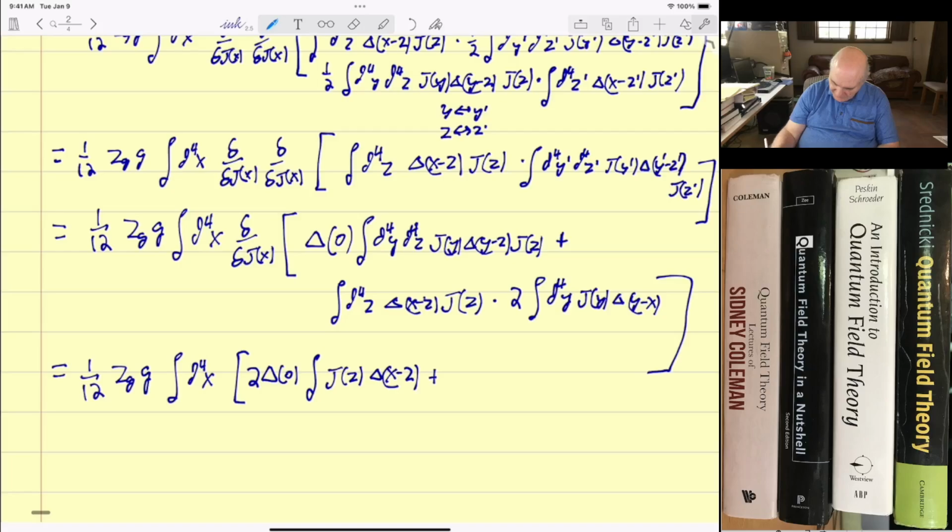plus, now here again, okay, so now I'm differentiating down here. The first term is going to, let me think this out.